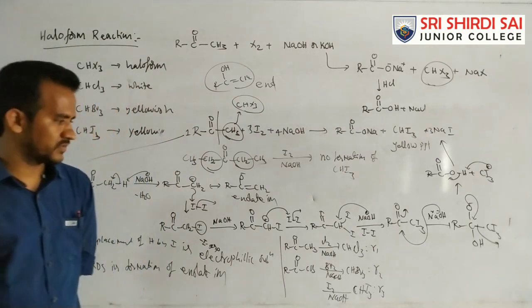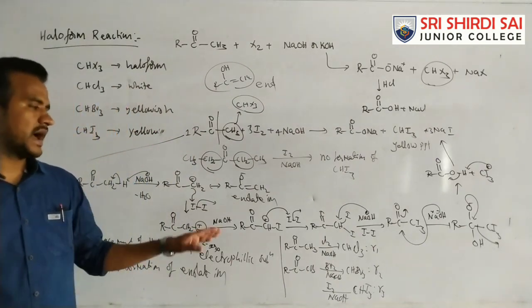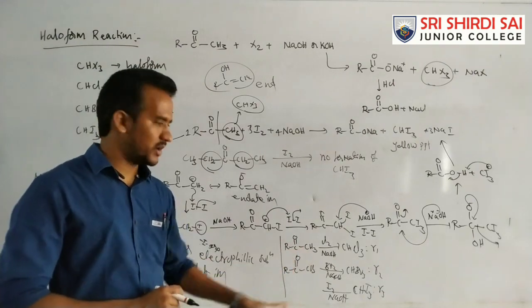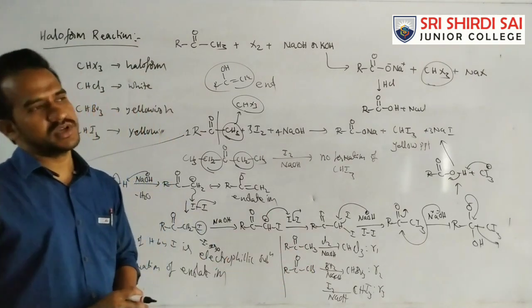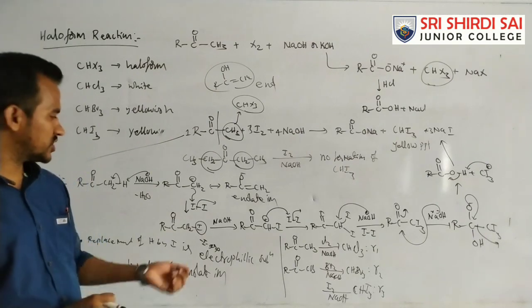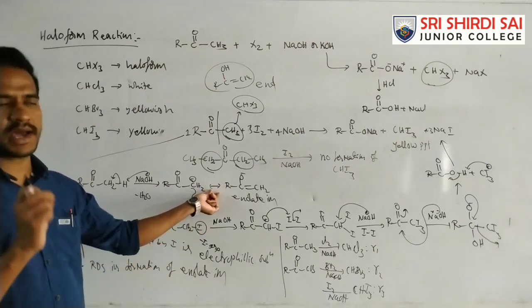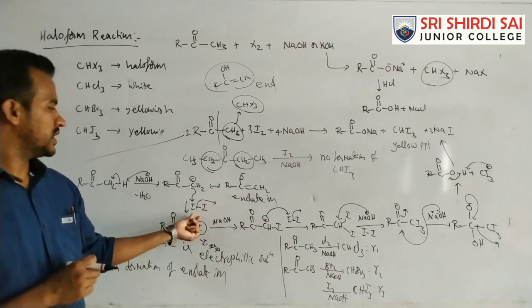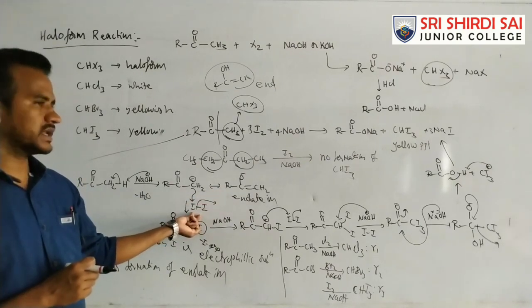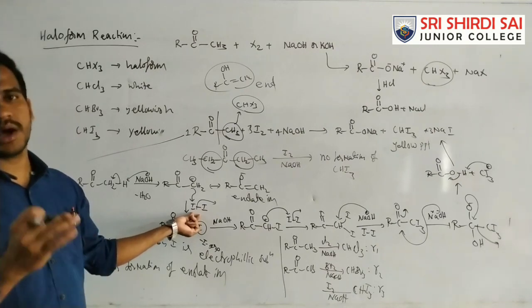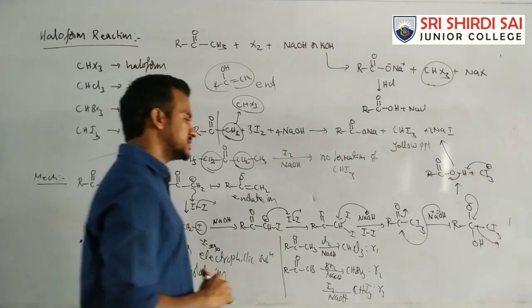So what is the relation? Here the halogens are different, but the starting compound is the same and the base is also the same. Attack or dissociation of the halogen is not the rate determining step. Formation of the enolate ion is. So whether it is chlorine, bromine or iodine, the rate of reaction is the same.